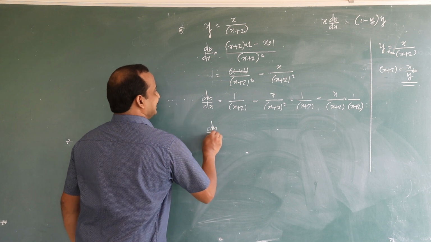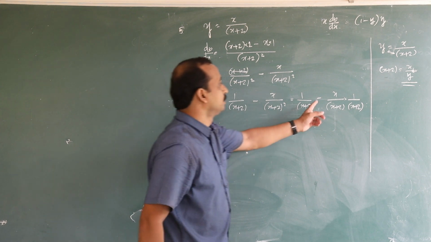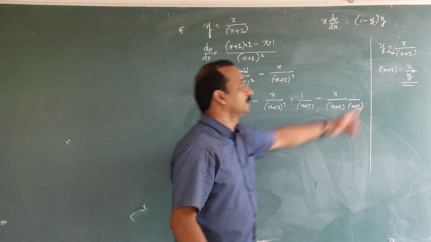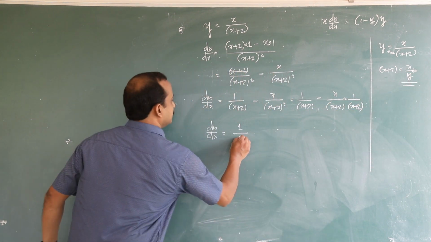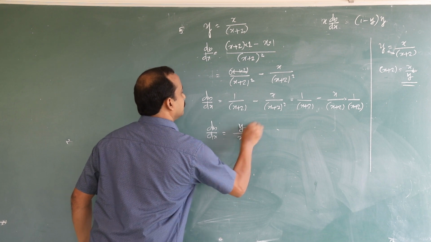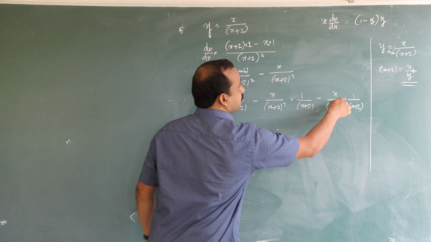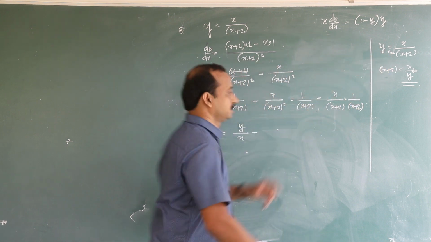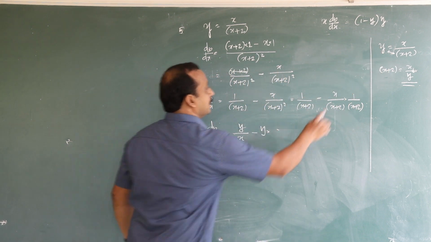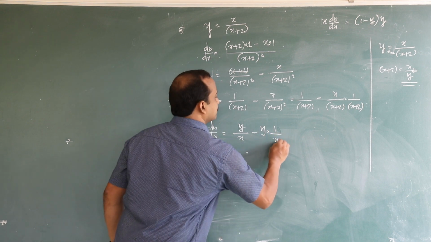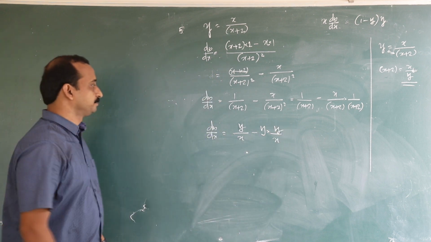Therefore, dy by dx is equal to 1 by x plus 2, that is 1 divided by x plus 2, where x plus 2 is x by y, that is x divided by y in the numerator, minus x by x plus 2. What is x by x plus 2 here? Y. That is y into, again 1 by x plus 2, that is 1 divided by x divided by y in the numerator.